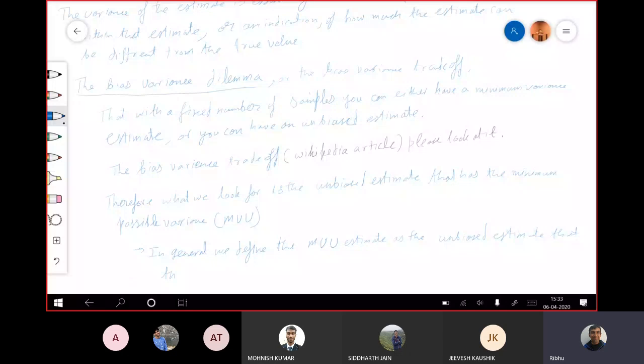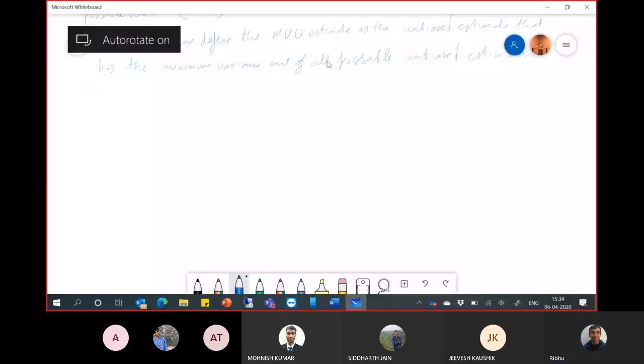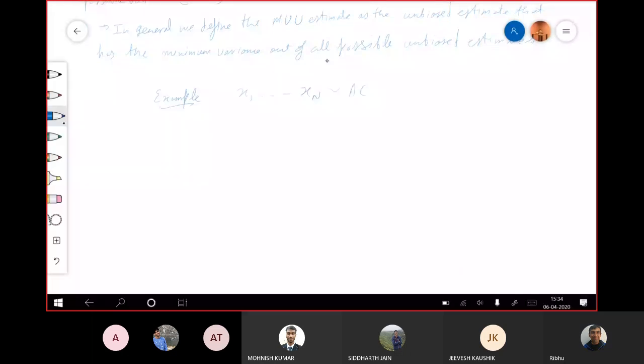As an example, again, we have x1, ..., xn. Again, we want to estimate a DC level in noise.